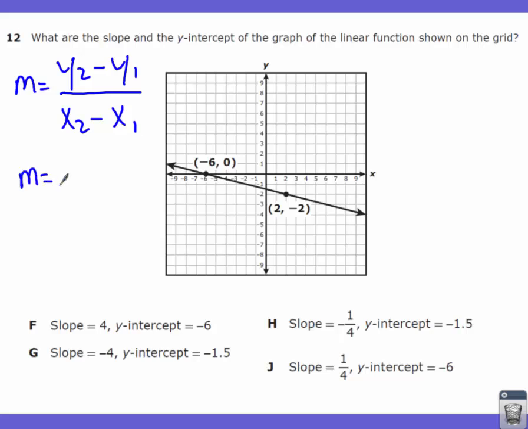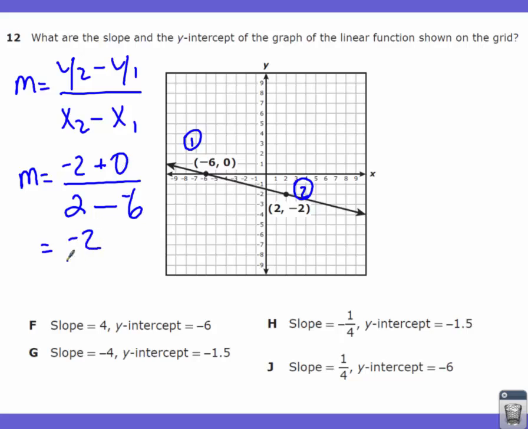So let's see if we can do that. M equals. I'm going to call this one 1, and I'm going to call this one 2. So I start off with y2, which is negative 2, minus 0, which is y1, divided by x2 minus x1. So our slope is going to be negative 2 minus 0, which is going to be the same either way.